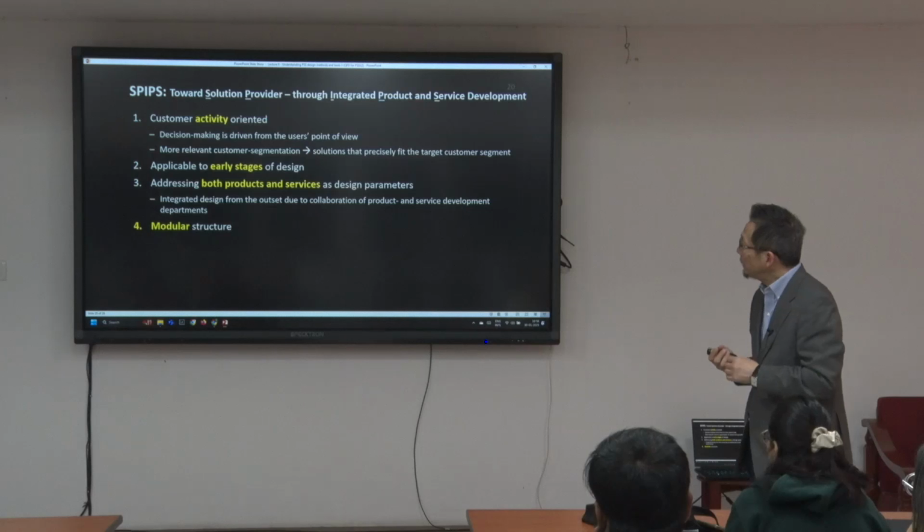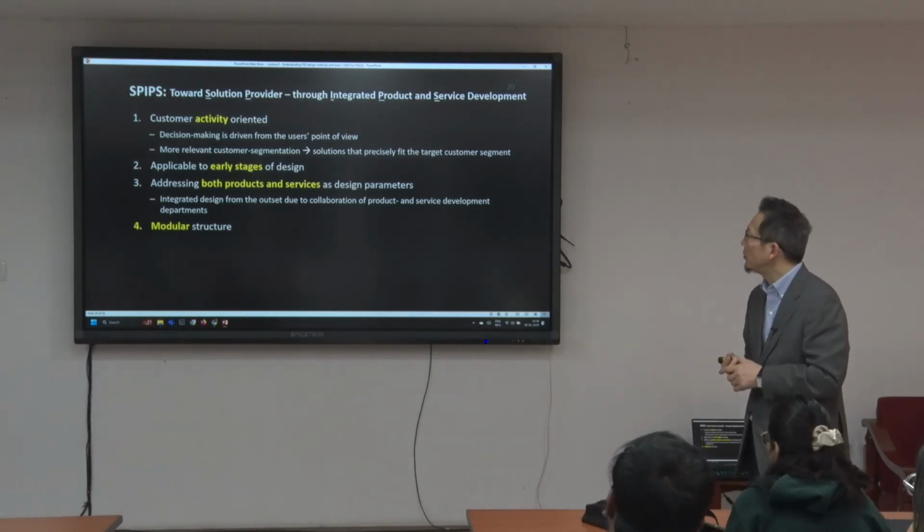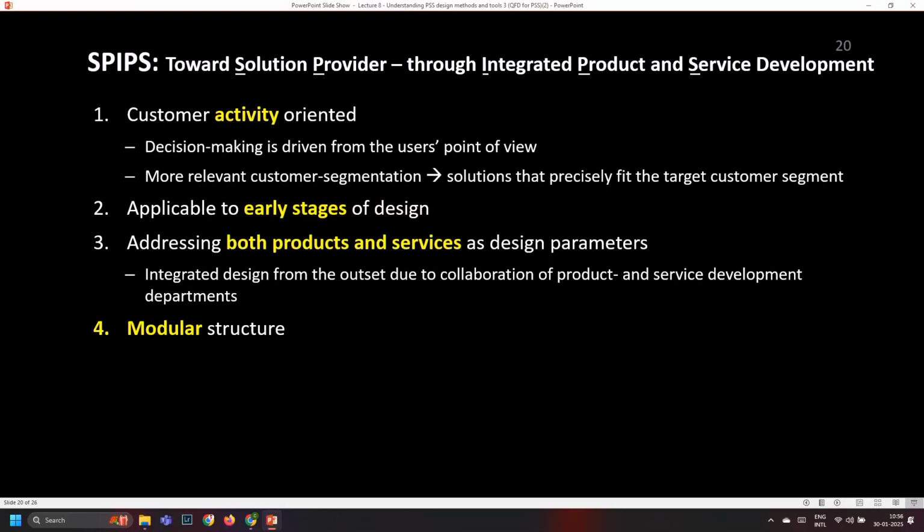Okay, so I can give some highlights for this method called SPIPS. I think it's quite obvious that this can be applied to early stages and addressing both products and services, and the procedure as such is a sort of modular, meaning that some steps could be omitted.